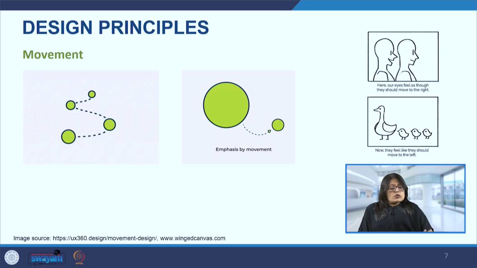And this is also, we can go back to the lines we were discussing. Apart from the physical lines that I was mentioning, there is also an implied line and also a psychic line. So these are the other two types of lines. I will just quickly add one little example of the implied line and the psychic line. A psychic line is a line which is not physically there.